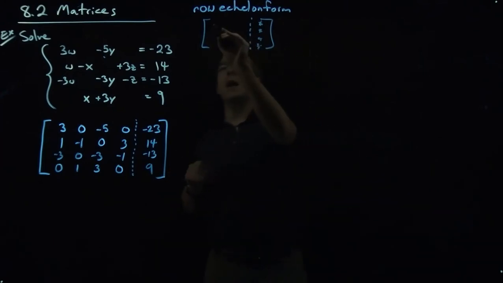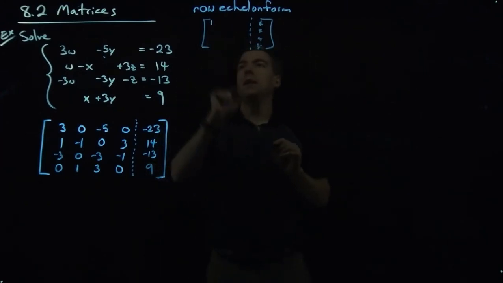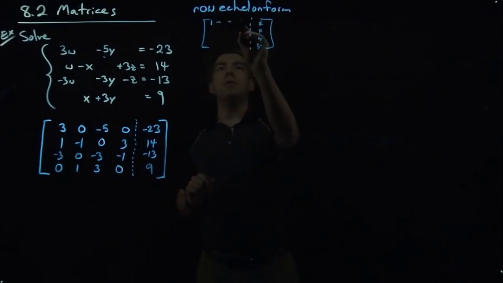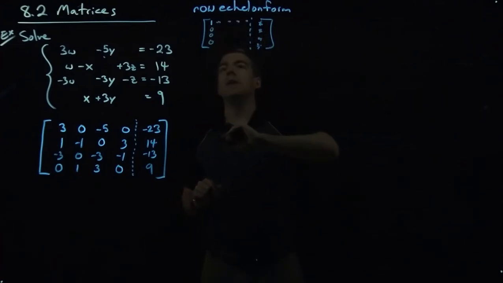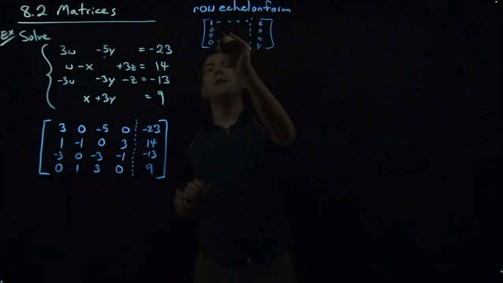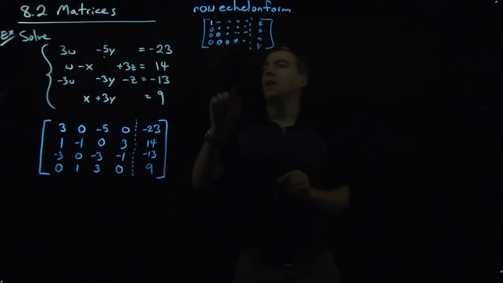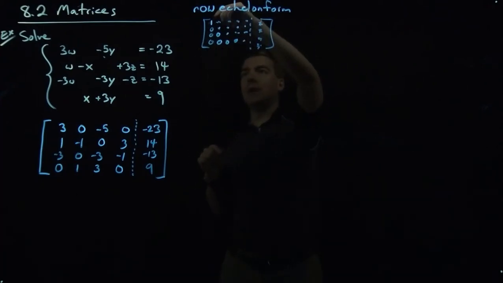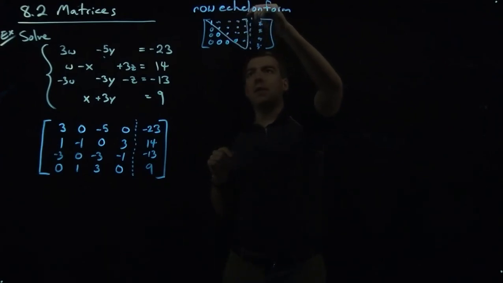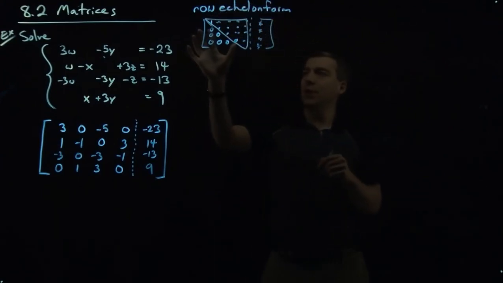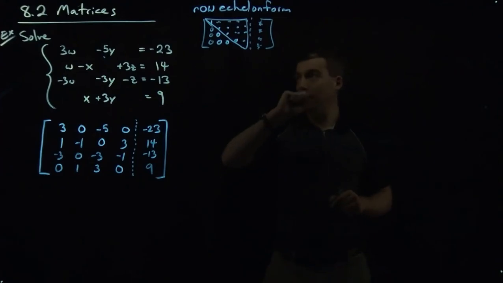What we're going to have is a 1 in this position, maybe some numbers over here, zeros below it, and then stuff out here. So what we'll have is like a diagonal shape right here of coefficients with the zeros below it. That's what our goal is.